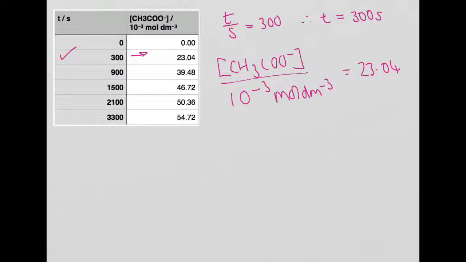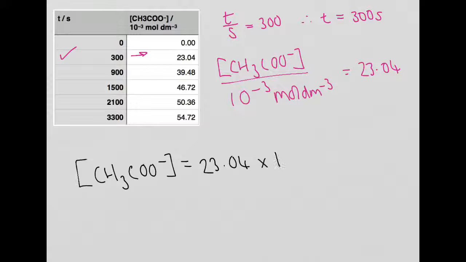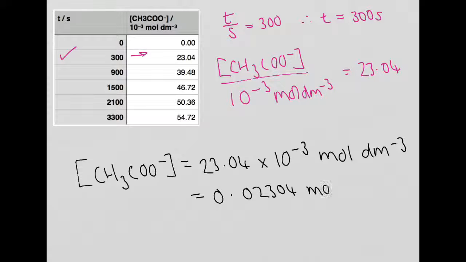So now I can rearrange this to find that my concentration of acetate ions is equal to 23.04 times 10 to the minus 3 moles per decimeter cubed, which would be the same as writing 0.02304 moles per decimeter cubed.